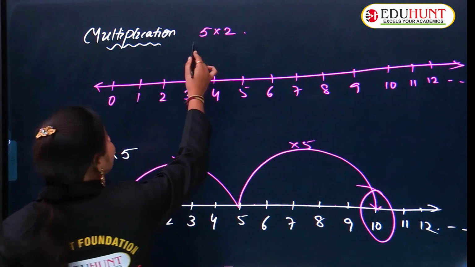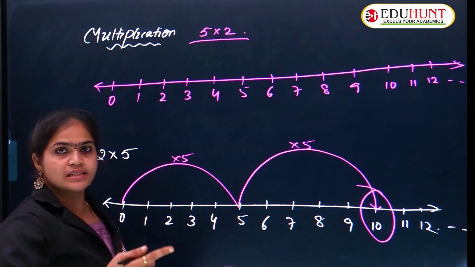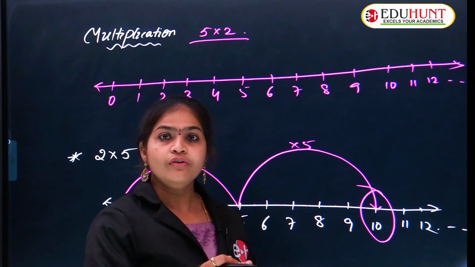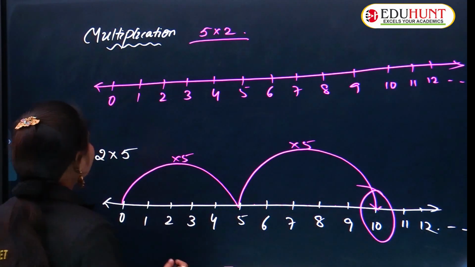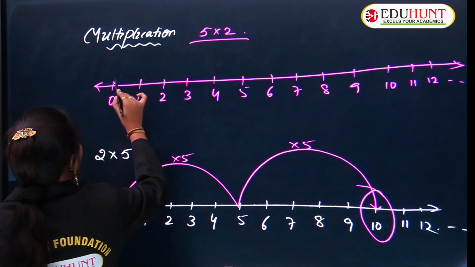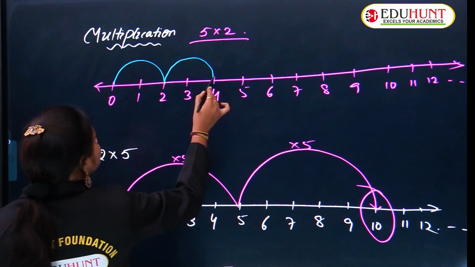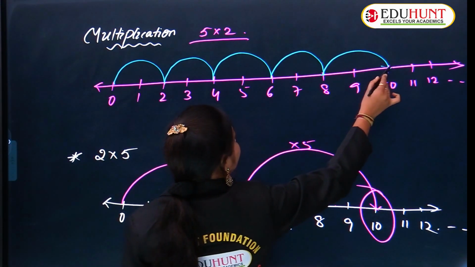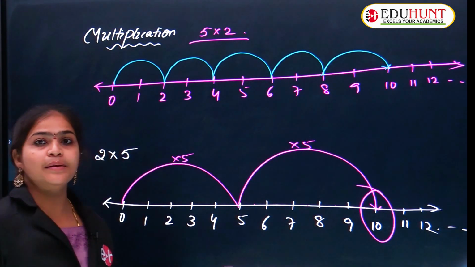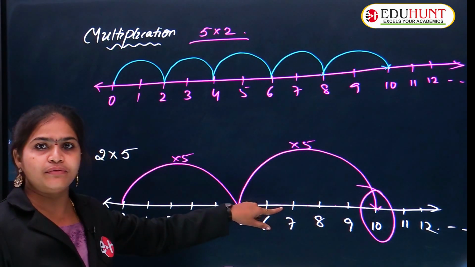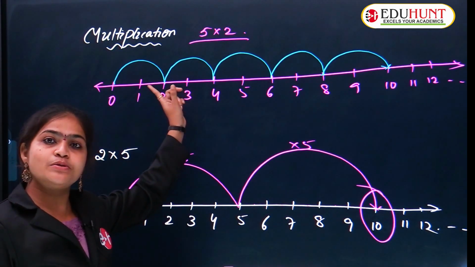Now see, 5 twos means 2 is there 5 times. Okay, then how to represent that on a number line? See that, 1, 2, 3, 4, 5. The final answer is the same only, but the representation is different. This is 2 times of 5 and this is 5 times of 2.